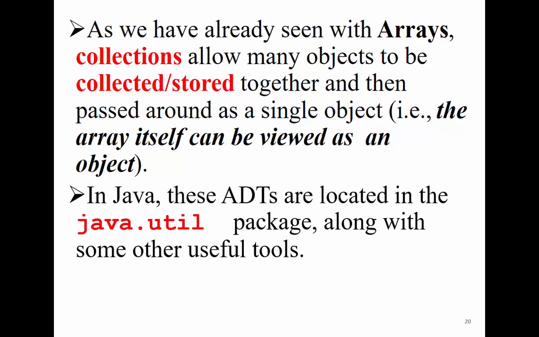Most of the collections that we're going to discuss today, and I think all of them, are inside java.util. All of them are inside this package. So there is a folder, Java, and inside it there is a subfolder called util, abbreviated UTIL, and inside it you have a set of collections.